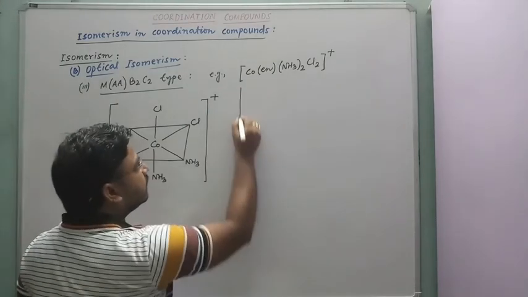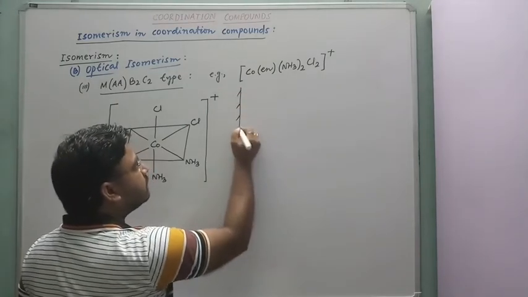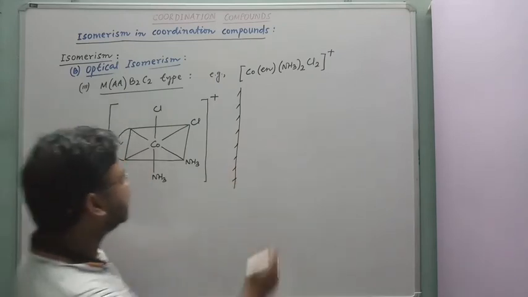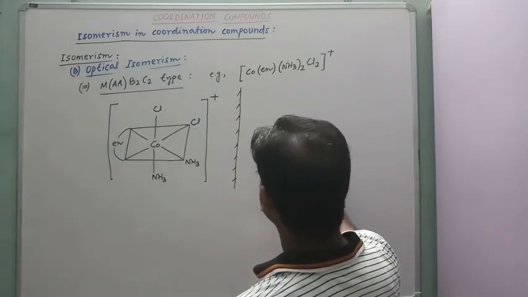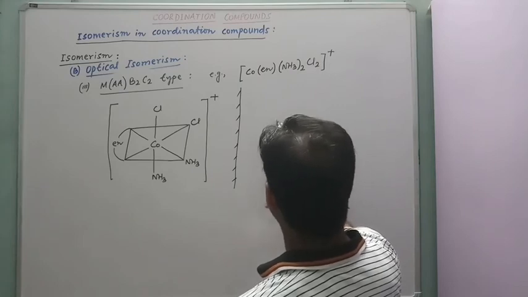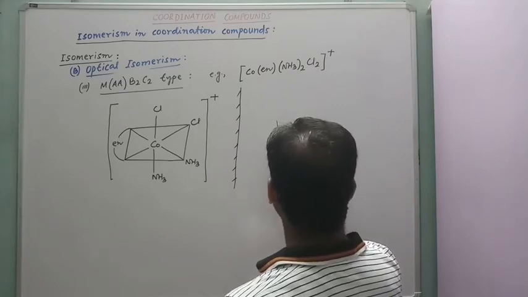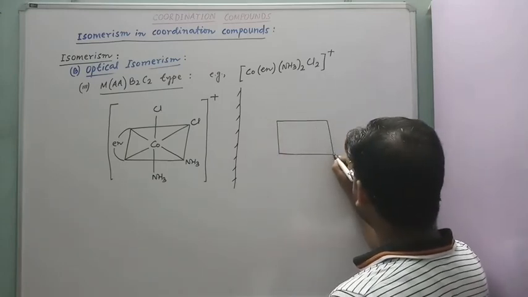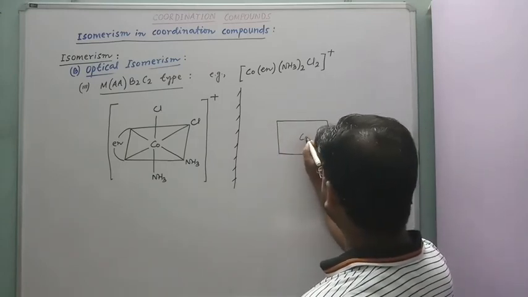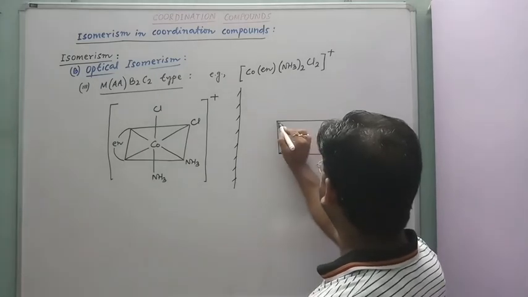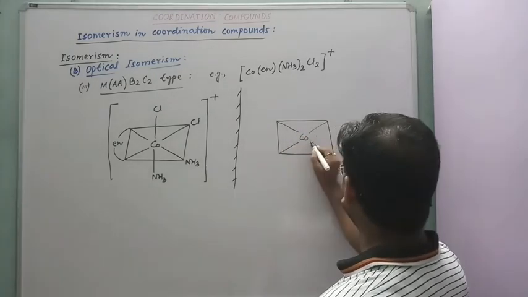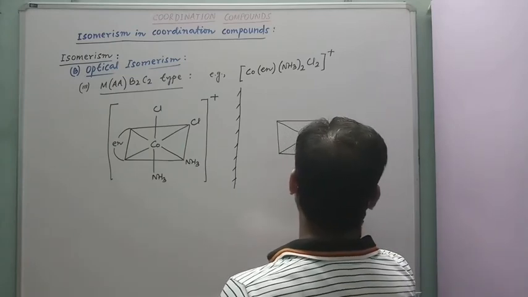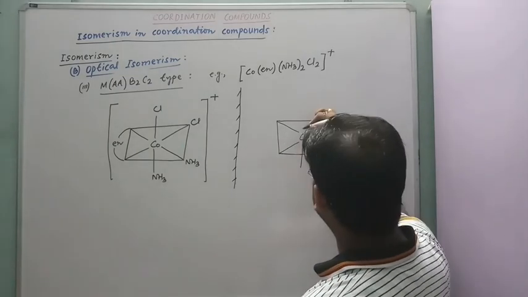So if it is placed in front of a mirror, then its mirror image will be like this. Co central atom, 1, 2, 3, 4, 5 and 6.